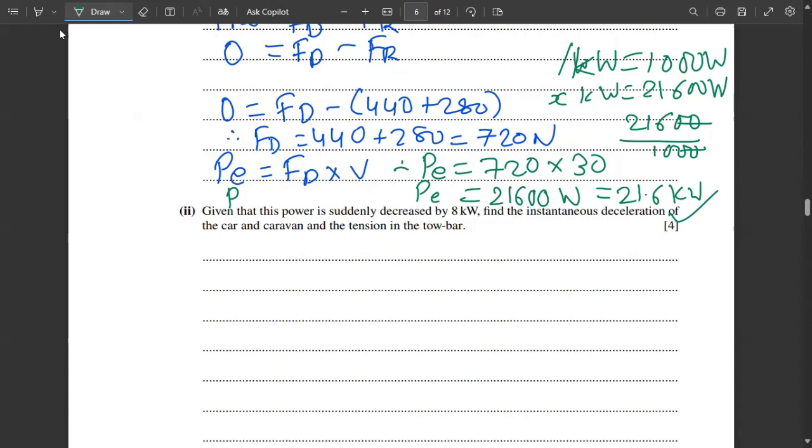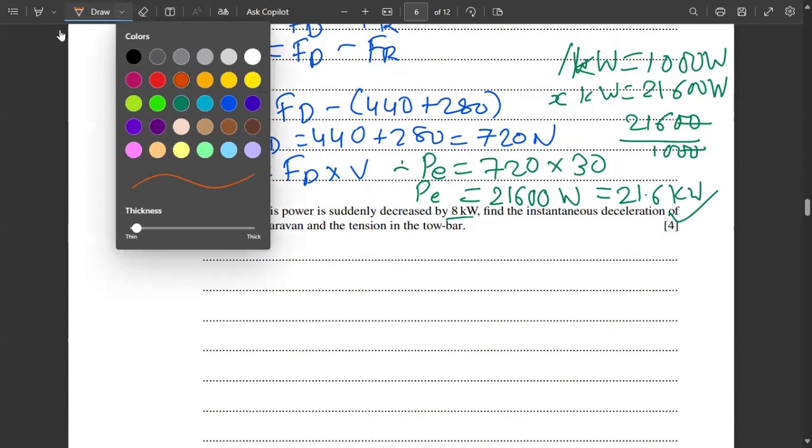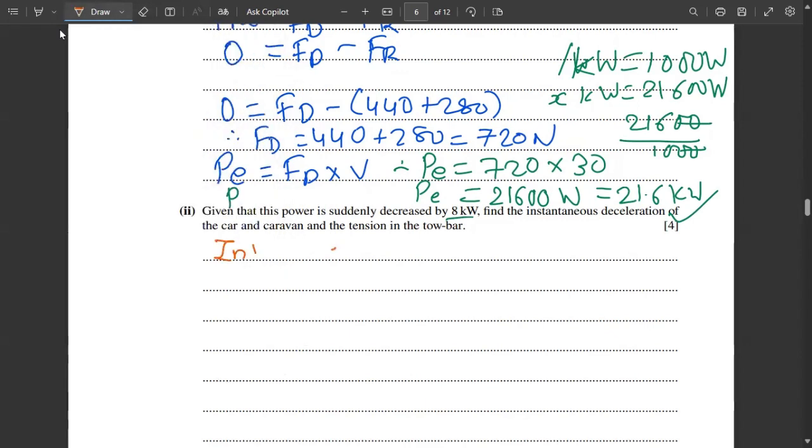Given that this power is suddenly decreased by 8 kilowatt. Okay. So initial power, this power means power of engine. So initial power of engine is 21600 watt. Decreased power is 8,000 watt.